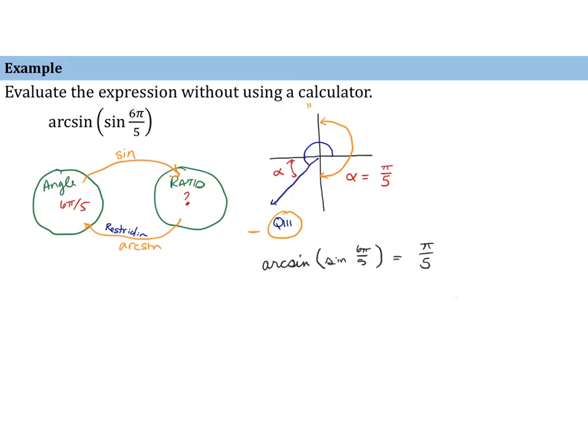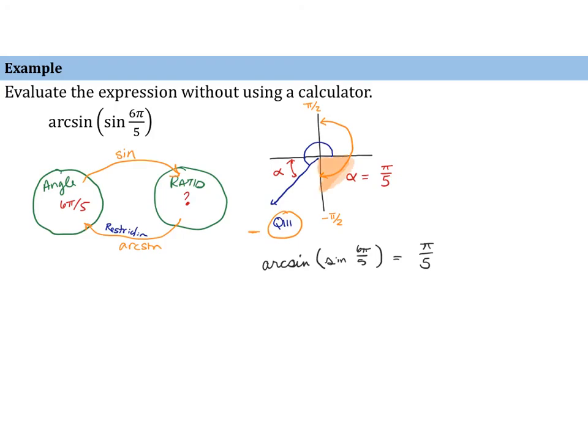So this is pi over 2 up here. This is negative pi over 2 down here. And we want an angle that is in that interval, but we know that sine has to be negative, so that's really restricting us now to this portion.